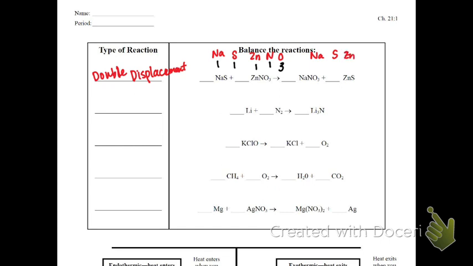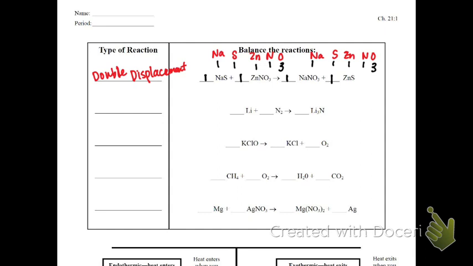Zn, N, and O. 1, 1, 1, 1, and 3. Okay, so are those different or the same? They're all the same. So if I don't need to change anything, what do I put in these blanks? Ones. Right? So 1 NaS and 1 ZnNO3 will combine to make 1 NaNO3 and 1 ZnS. All right?